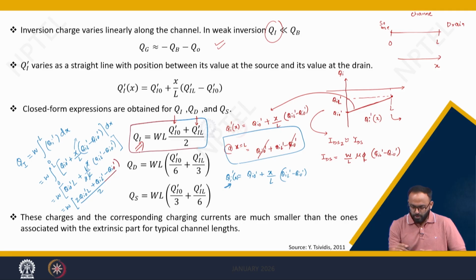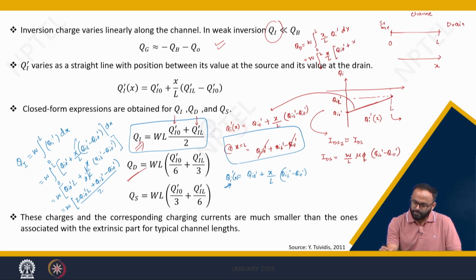Similarly, by using the same approach, you can calculate QD. You remember, to calculate QD, we said that W into the integration from 0 to L of x by L into QI' dx. Now when you rewrite this equation, QI' can be replaced as QI0' plus x by L into QIL' minus QI0'.